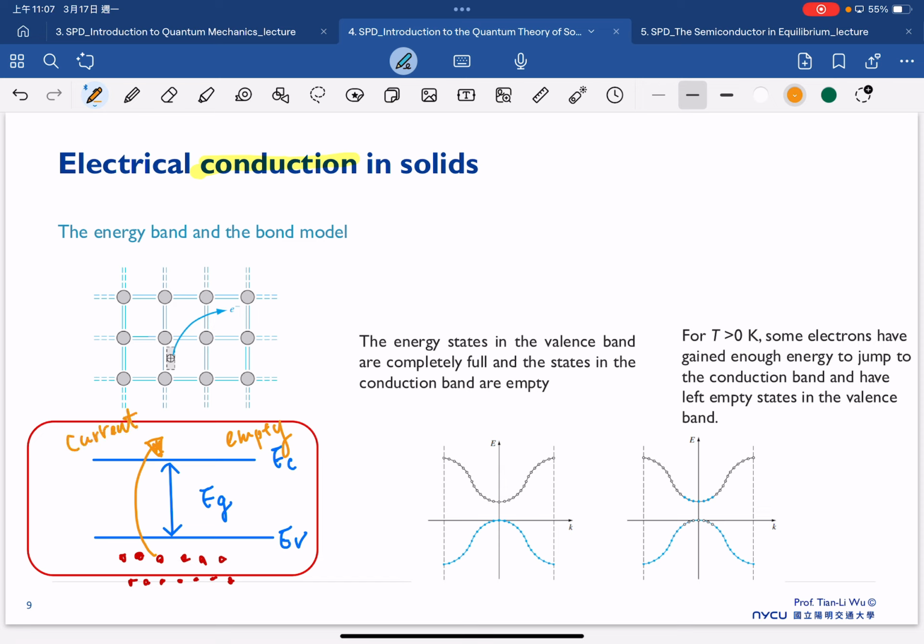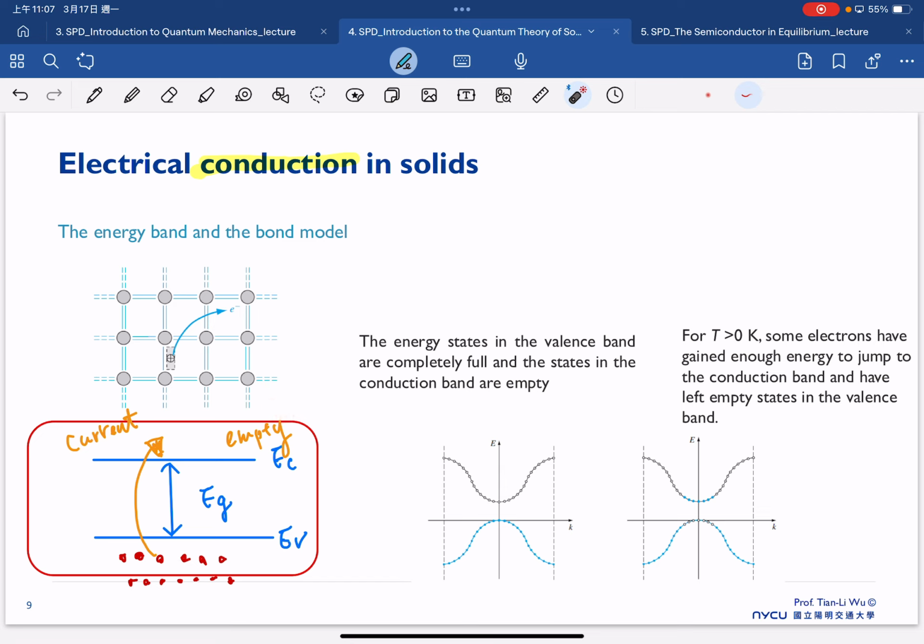So this is exactly how we can describe the electrical conduction in solids. Now we start to generalize our tool, not only to understand the energy levels inside the solid, but also to understand the current conduction in solids.